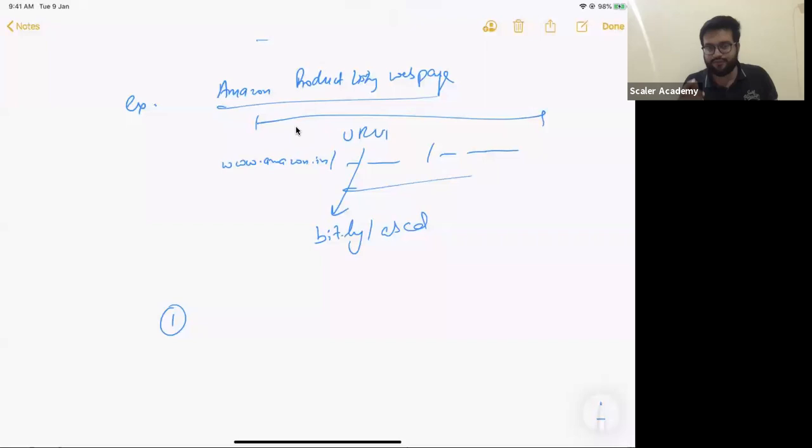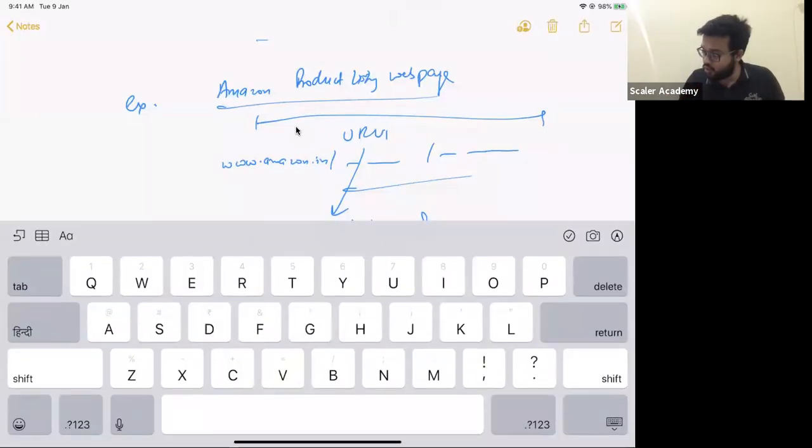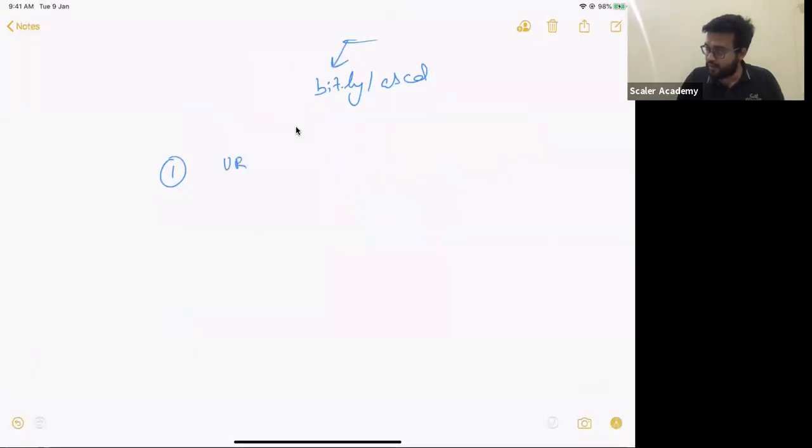So yeah, very first feature, which is very, very simple, which is a must have, is that you should be able to take a URL and give back a shortened URL. Does that make sense?